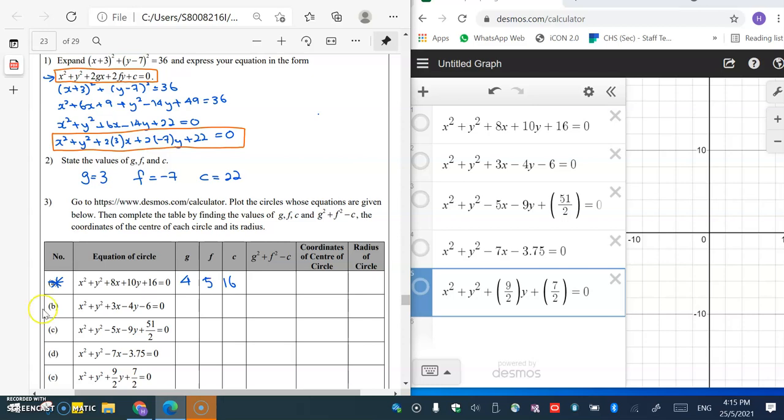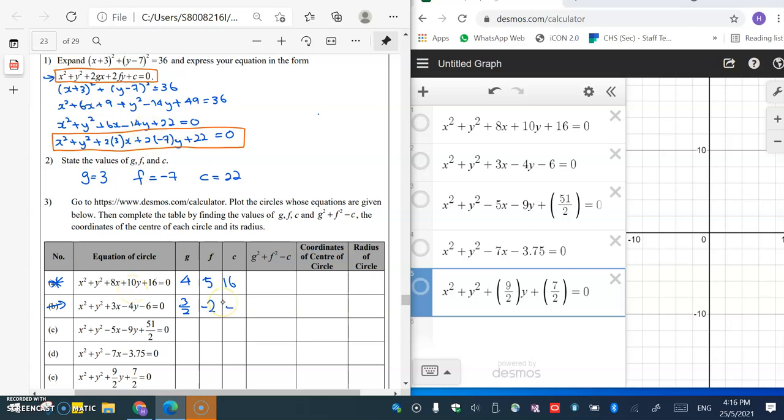The second one, B: if I split 3 into 2g, I know that my g is essentially 3 over 2. If I split my negative 4 into 2f, I will need f to be negative 2, because negative 2 times 2 will give me negative 4.